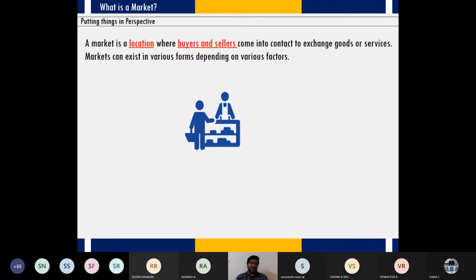In the context of a normal definition, a market is an avenue which facilitates buying and selling. Buyers and sellers meet, and they exchange goods and services. That's the basic definition of a market. A market is a location where buyers and sellers come into contact to exchange their offerings.